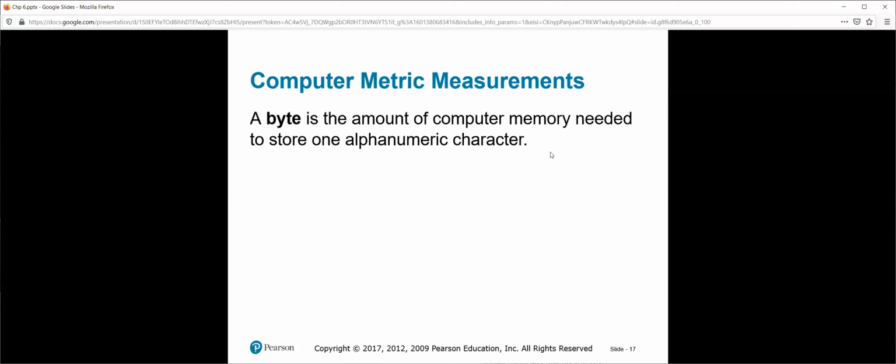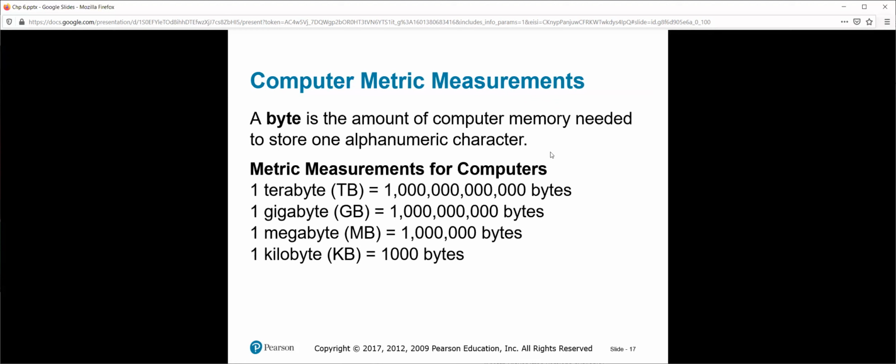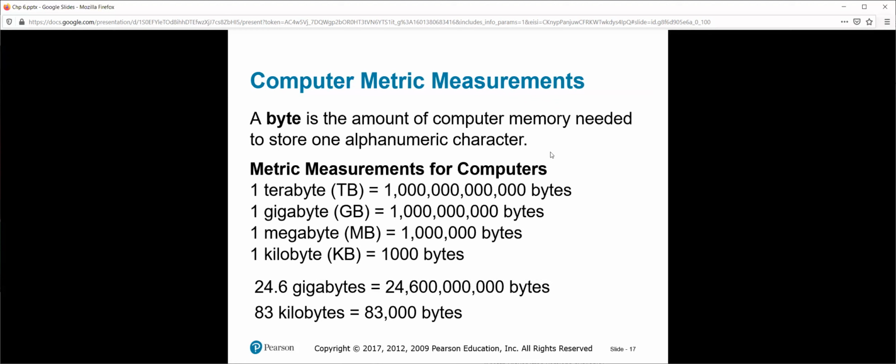Other various ways we could use this is computer metrics, such as the byte. I'm not going to get into how computer memory works and binary and stuff like that, and zeros and ones. But if you've ever heard of a gigabyte, or perhaps your camera on your phone has so many megapixels to it, right?